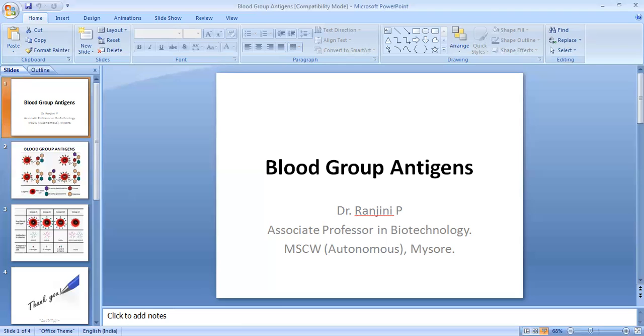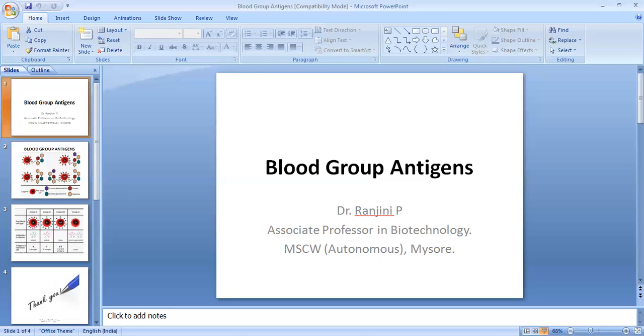To avoid that, they inject this RhoGAM injection just prior to the first delivery, if she has conceived an Rh positive baby, so that even if her body raises antibodies against the Rh antigen, they will be completely removed from her body, so that it should not affect the mother's body or the growth of the second fetus if it is Rh positive.